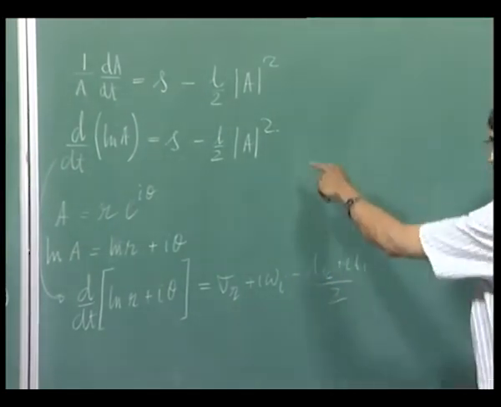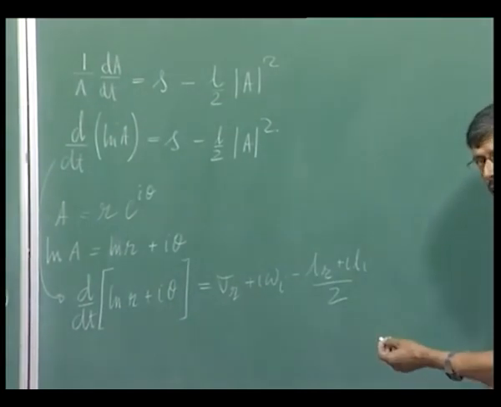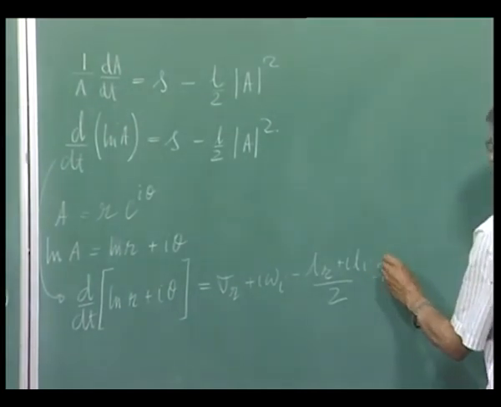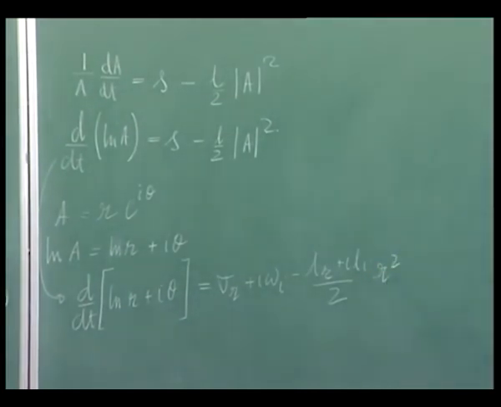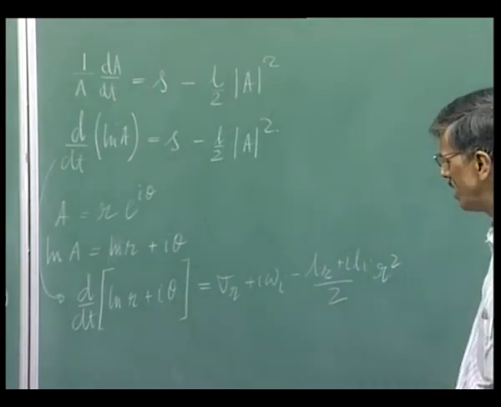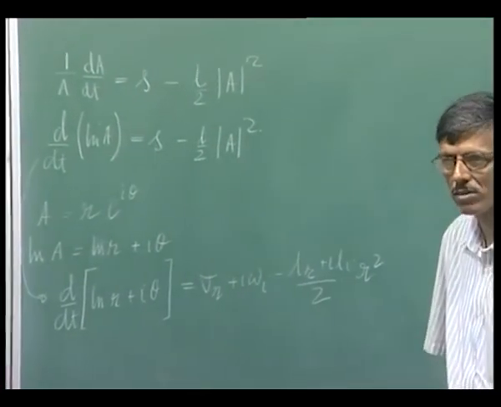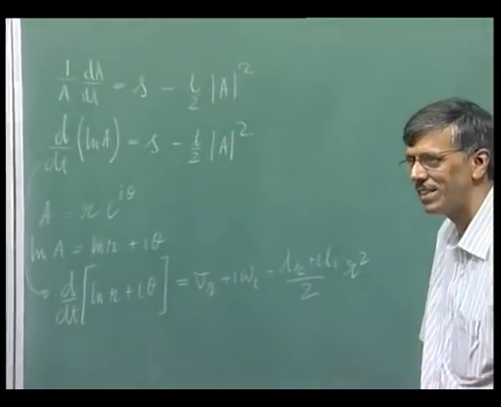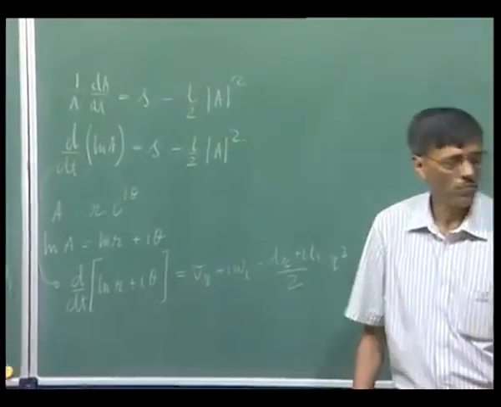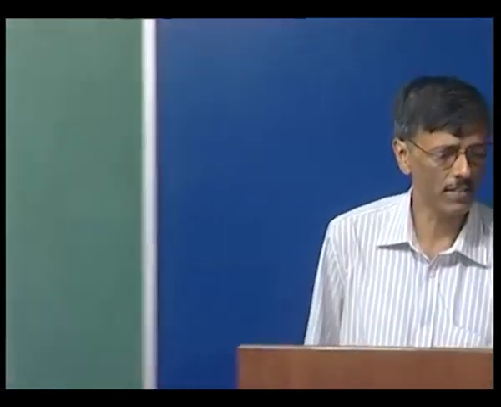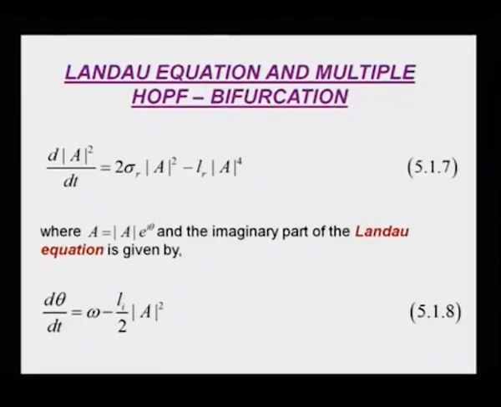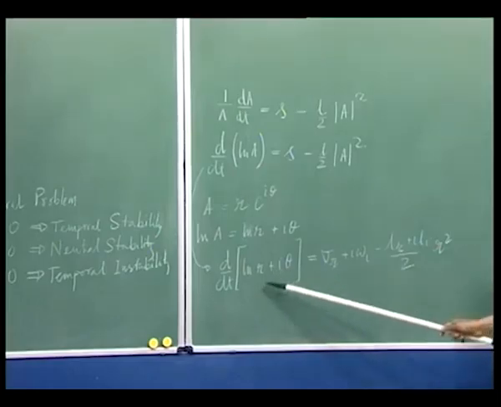And what about mod A? Mod A is r, right? So I will have r squared. So now you are actually in a position to split it into real and imaginary parts. That was the whole idea of writing it in this fashion. So if I do that, I get an equation like this.